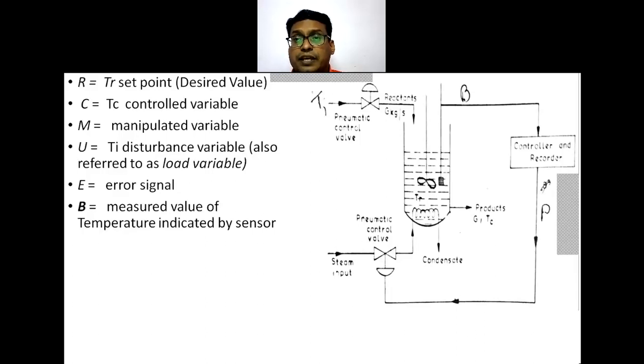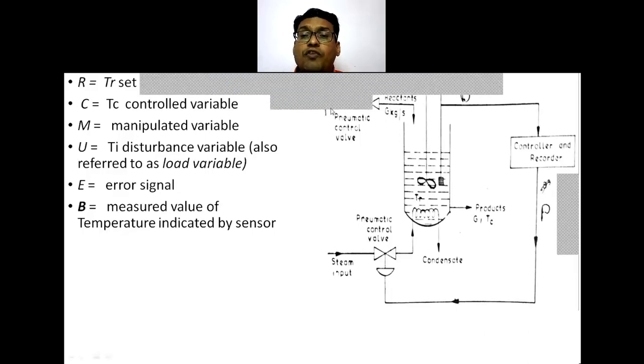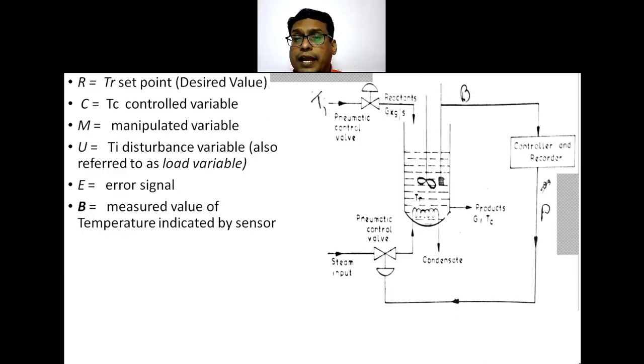Both things can be there. Or there are systems where neither the inlet temperature nor the flow rate varies. Depending on this, our feed forward systems are developed. So the use of this load variable is to help in the development of a block diagram for the feed forward systems.